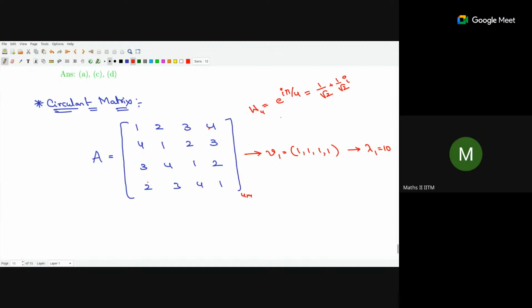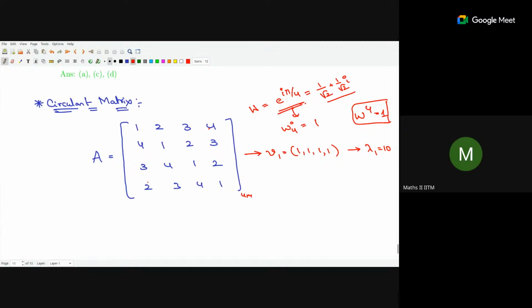Now you know the fourth roots of unity, correct? So w4 to the power 0 is 1, and w4 to the power 1 is this. Similarly, you can compute w square, w cube, and all. But w power 4 is 1, correct?